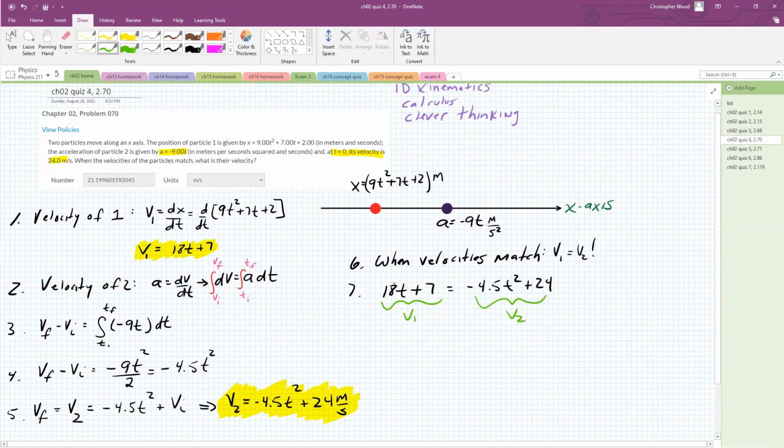We had to do some work just to get that expression for V1 and even more work to get that expression for V2. So number 7, let's find the time t when this happens.